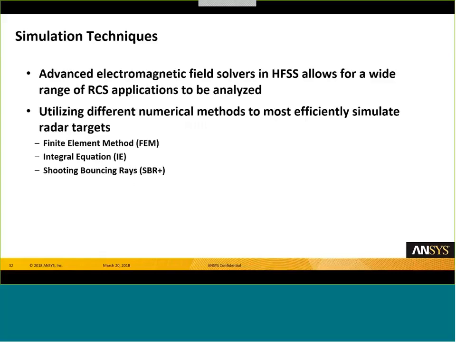This is really done by the additional techniques that have come into HFSS over the last few releases. What you're going to be seeing today is really focused on the addition of moment methods techniques, which are also called integral equations. And what we're really excited about is the shooting and bouncing ray technology, which we refer to as SBR+.